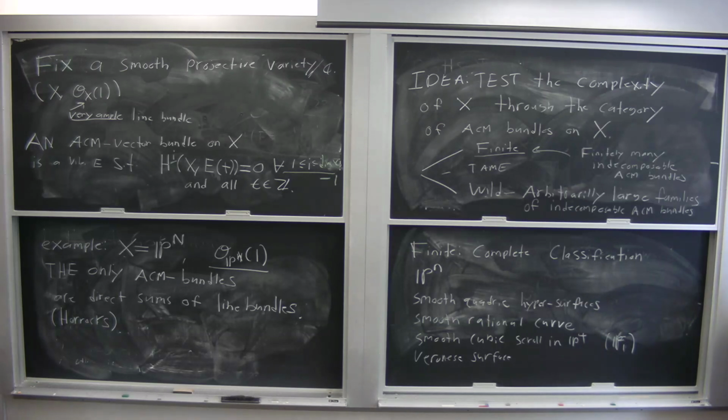Maybe I'll just say something here. Maybe in this middle tame case, so maybe just a step beyond this. Where do we have things like this? An elliptic curve. Smooth quartic scrolls in P^5.